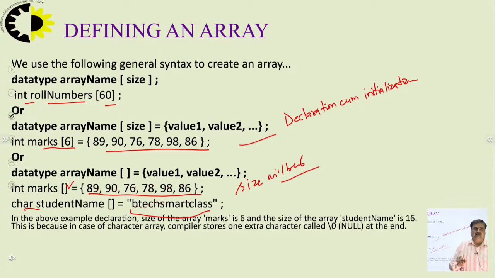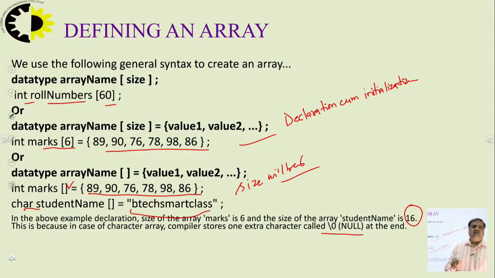So 15 characters are there, but in this situation the size is 16, because in case of a string there is always a character at the end, \0, that is called the null character.